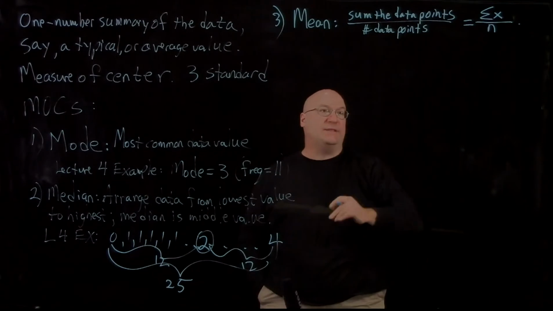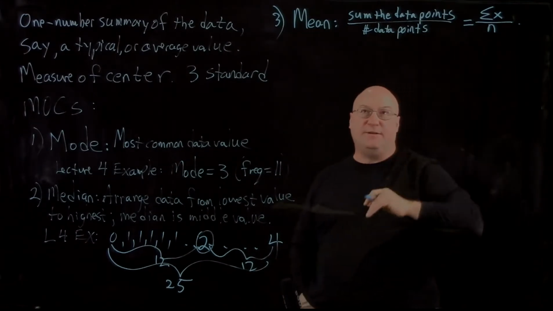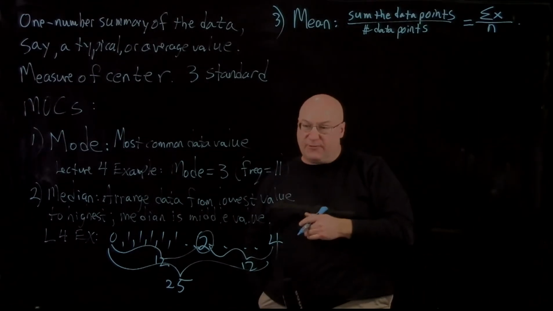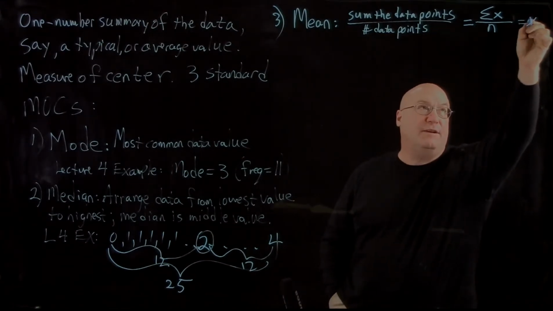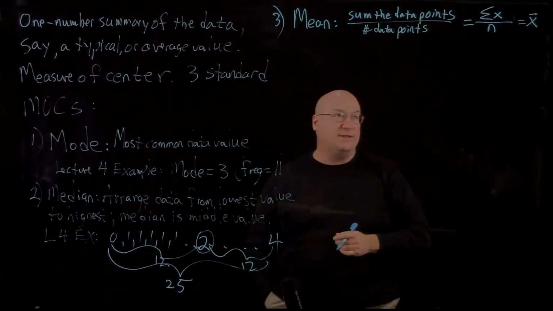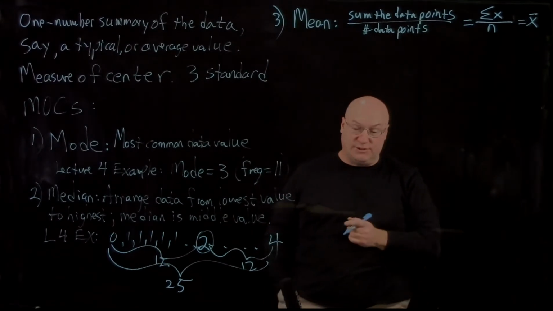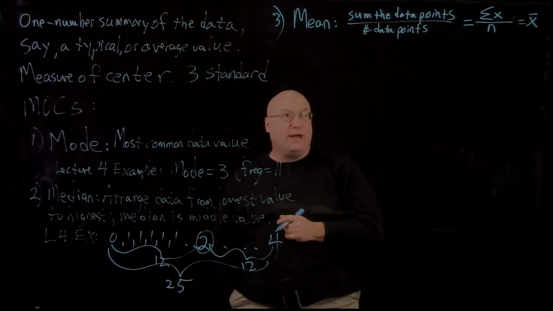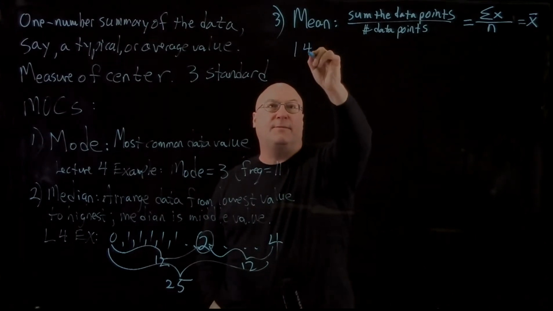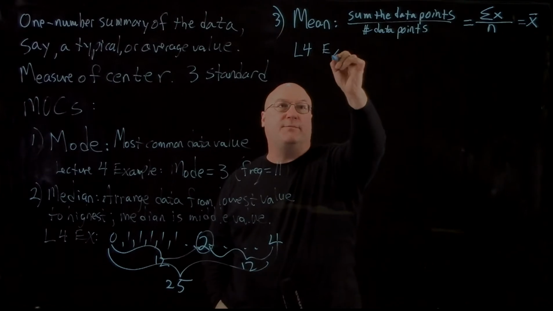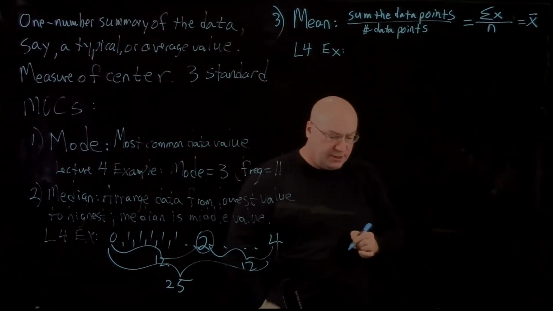Okay, so that's kind of a shorthand way to write the mean. And if we think of this as a sample, then what I'm really finding here is what we typically mean by the sample mean, or what we saw earlier was x bar. Okay, well, I would like to look at the Lecture 4 example and kind of do it the long way.